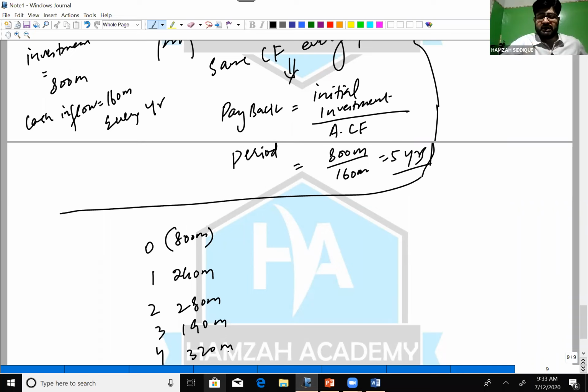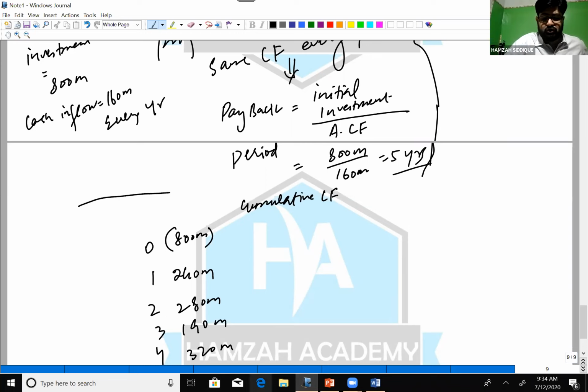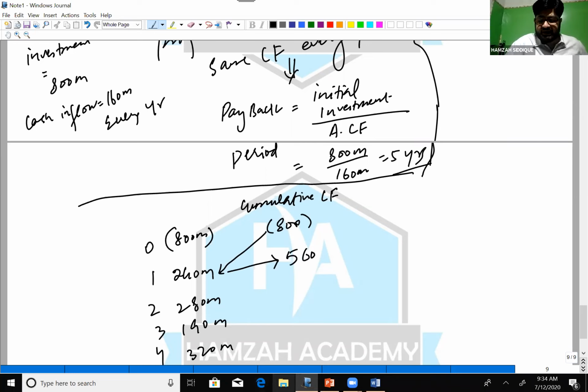How to calculate? In this case, we make another column that is called the cumulative cash flow column. Cumulative means total to date. So you see here, in year 0, 800 million negative, and then it will be recovered in the first year, and the remaining will be 560 million negative.